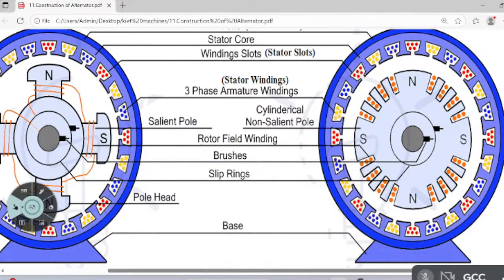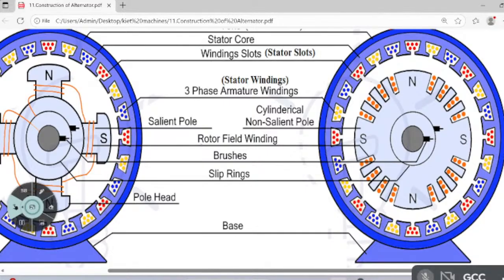The stator is stationary and has stator conductors, which are three-phase, 360 by 3, 120 degrees apart. Compared to this diagram, the stationary part is the same, but we have two different rotors.